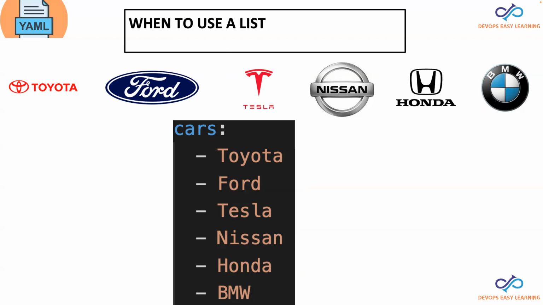For example, list of cars, list of food, list of topics, or even in DevOps, you can list tools. You say Git, GitHub, Ansible, Docker, Docker Compose, Kubernetes. Those are the list of tools that go on in DevOps.